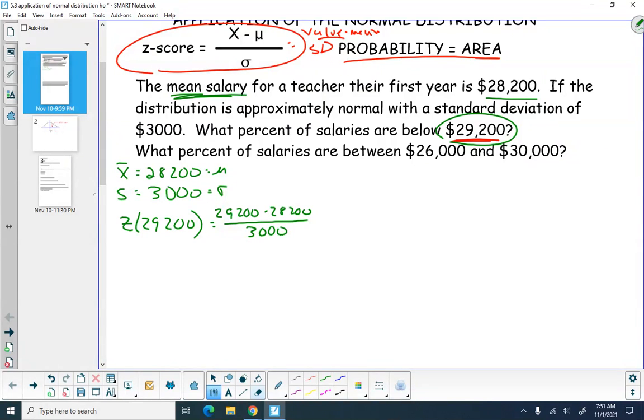Now you're going to want to take this to 2 decimal places because our table is to 2 decimal places. Round to the 2nd decimal place.